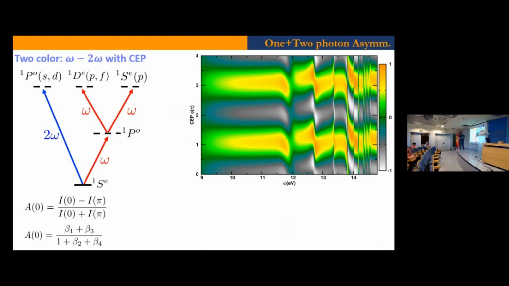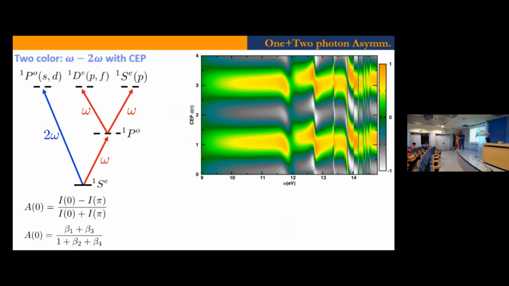What it means is that we're going to measure the photoelectrons being emitted at 0 degrees with respect to the ones emitted at 180. So if you do that as a function of the frequency and the CEP, now we're changing the CEP between the 2 colors. The one thing to notice is that for each frequency, the asymmetry parameter is changing sinusoidally with the CEP.